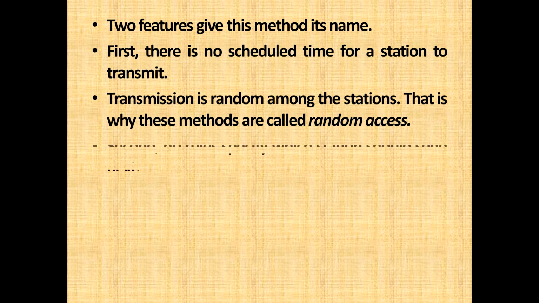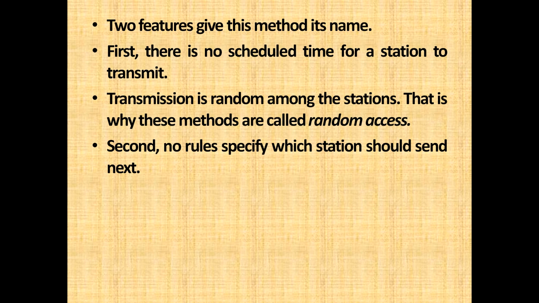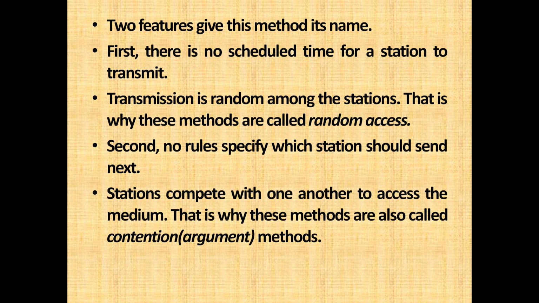The second one: no rules specify which station should send next. That is why each and every station is in a competitive environment, so these methods are also called contention methods. For example, if any station wants to send data, every station competes, and on a first come first served basis, they can send their data.